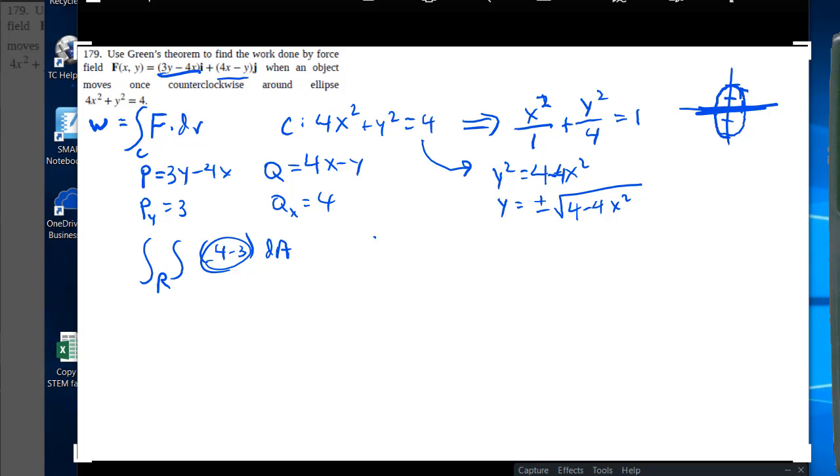Since we're going to do the top half of this and double it, our integral is going to be a double integral, and our y's are going to be going from 0 to the square root of 4 minus 4x squared, and our x's going from -1 to +1. Type that into our calculator when we get to this point, and that comes out to be 2 pi.